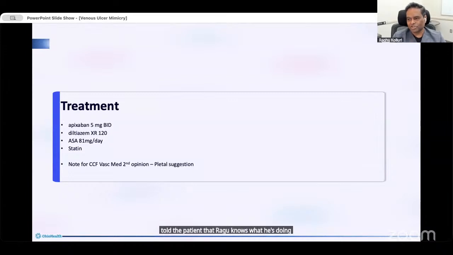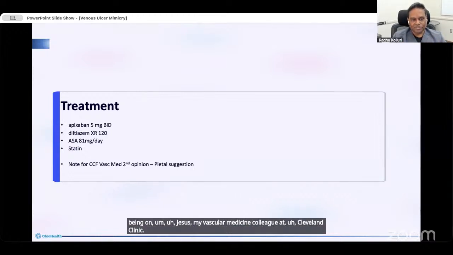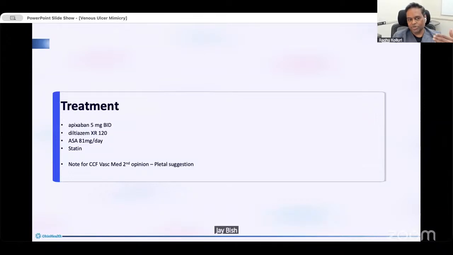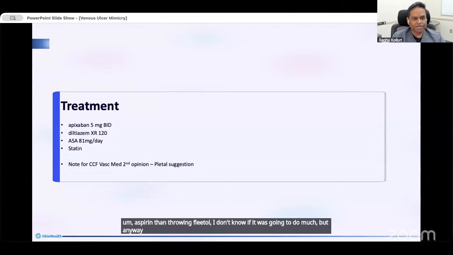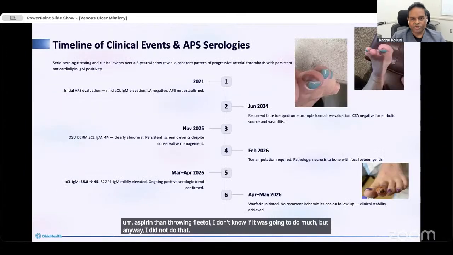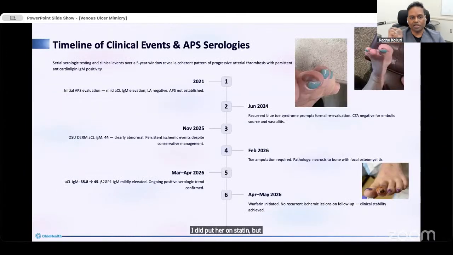I might suggest Pletal, but being on Jay's, my vascular medicine colleague at Cleveland Clinic. So Jay Bishop: apixaban, diltiazem, aspirin, then throwing in Pletal. I don't know if it was going to do much, but anyway, I did not do that. I did put her on a statin, but here is the timeline.